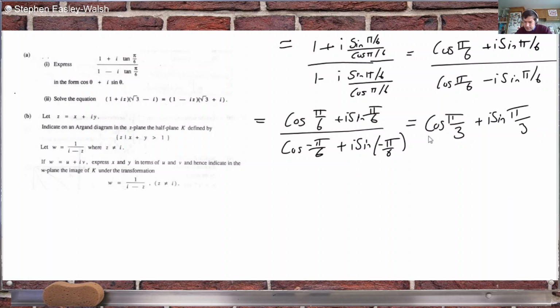Okie dokie. So that is a half. And then root 3 over 2, isn't it? Yeah, root 3 over 2, i.